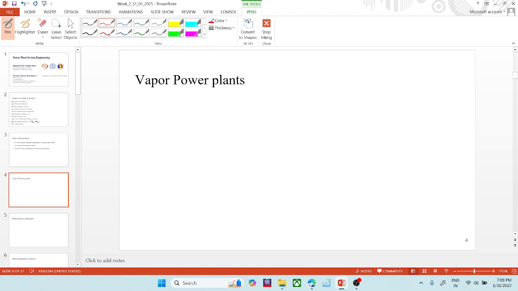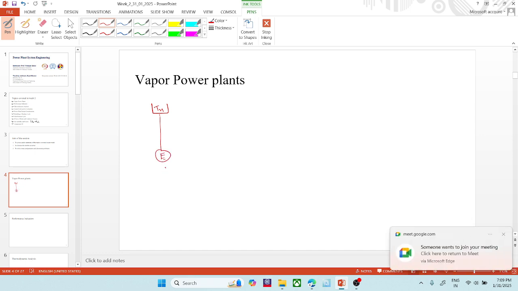The Carnot efficiency of an engine which is connected to two sources: one is a heat source at high temperature TH, and one is a heat sink at lower temperature TC.